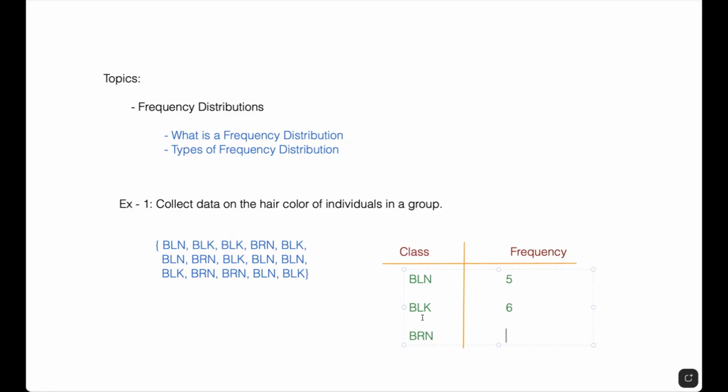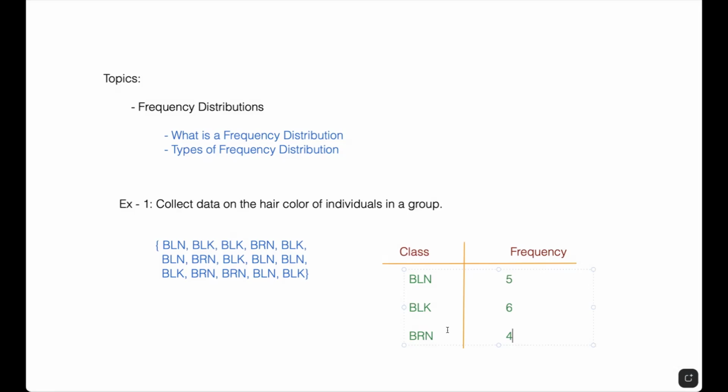And the frequency of brown is 1, 2, 3, 4. So we have total 15 observations. We have 5 blonde-haired people, 6 black-haired people, and 4 brown-haired people. So this is what we call a frequency distribution of the collected data, right?